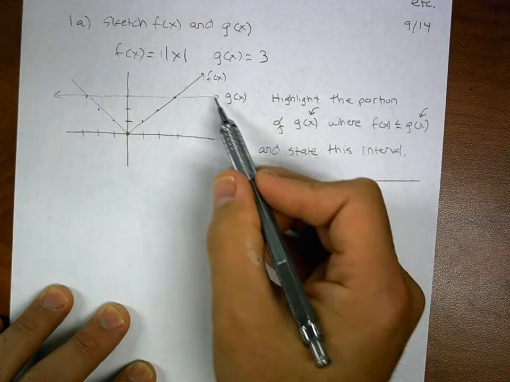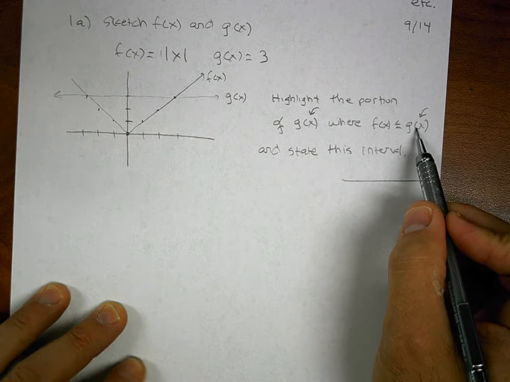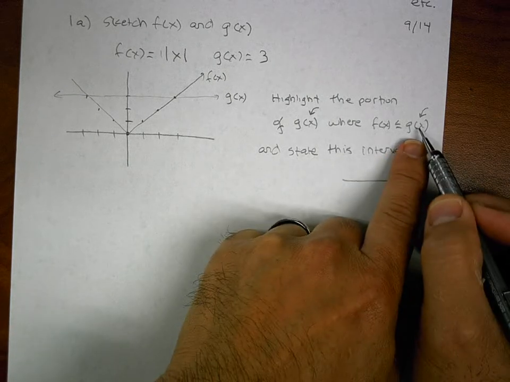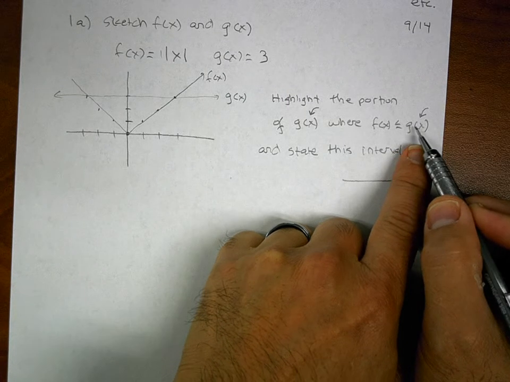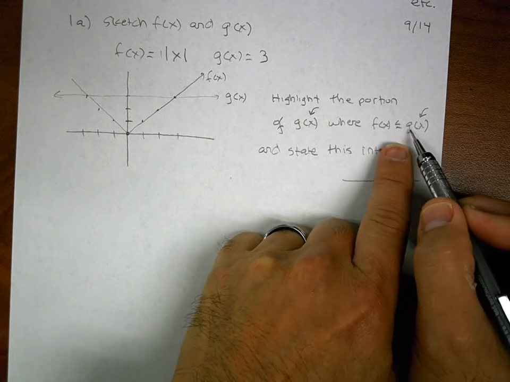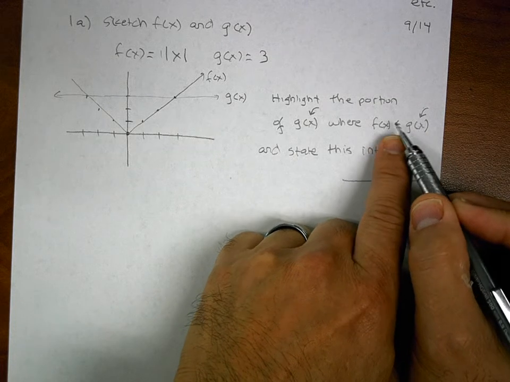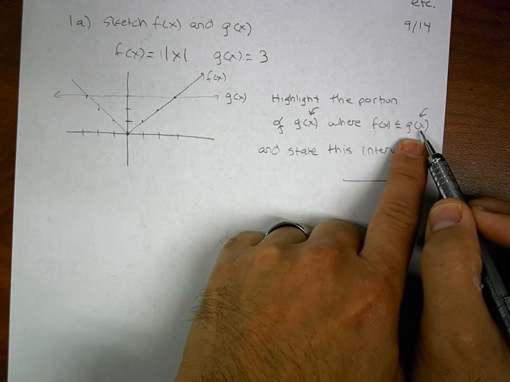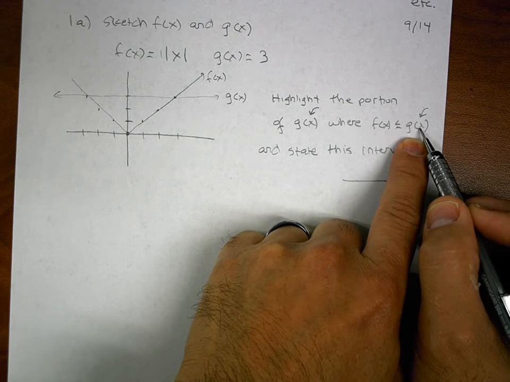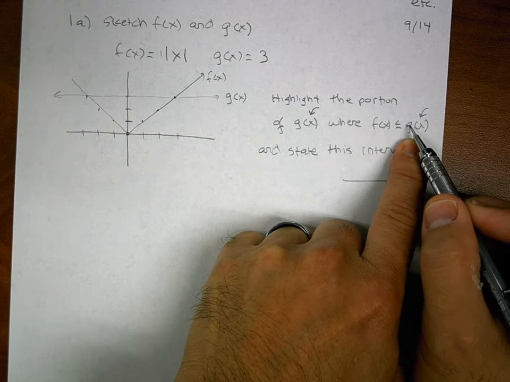From g of x's perspective, how would I read this? Greater than, right? The alligator opens up to the greater. So where g of x is greater than f of x. So I'm thinking, where is g of x above f of x? Where is it higher?